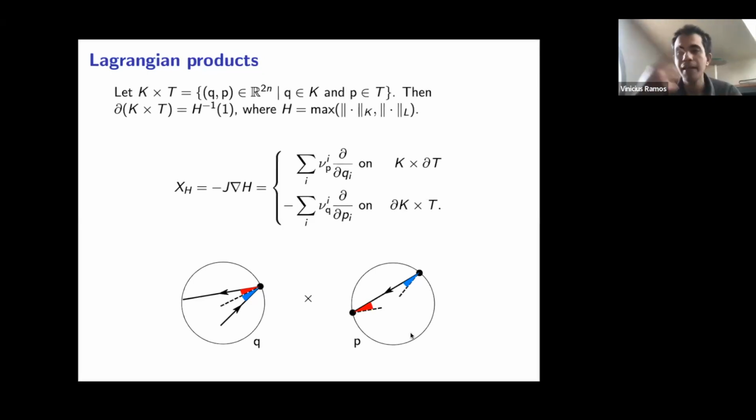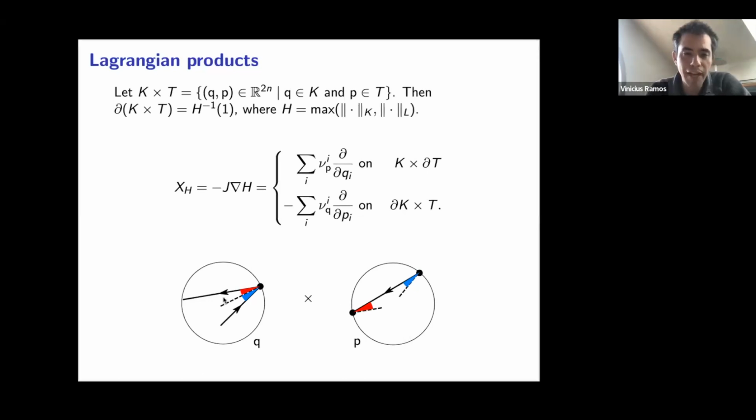And you can keep going. What you see is that the Hamiltonian flow you can think of as two different trajectories, which are billiard-like. There are two billiard-like trajectories, one in K and one in T. I say billiard-like because this is not going to be the standard reflection.